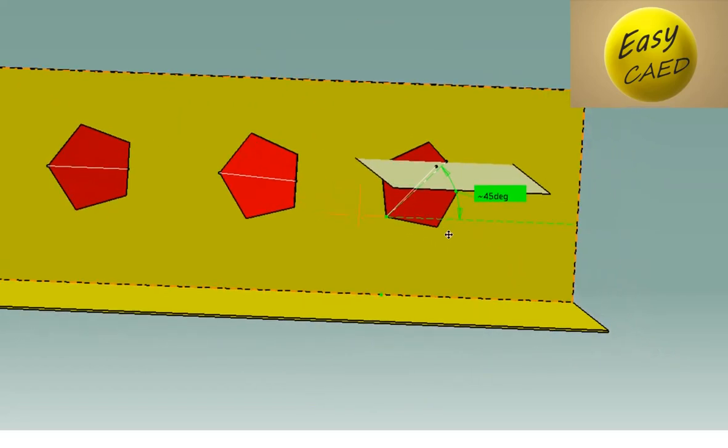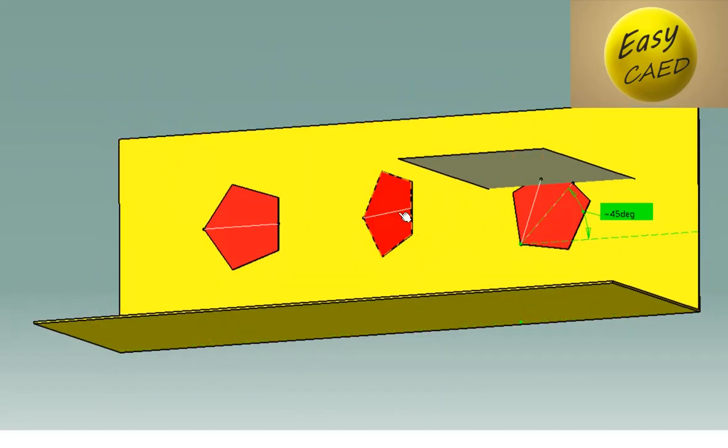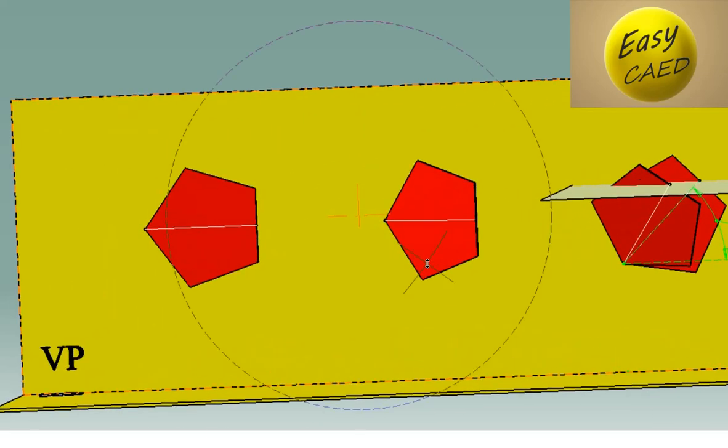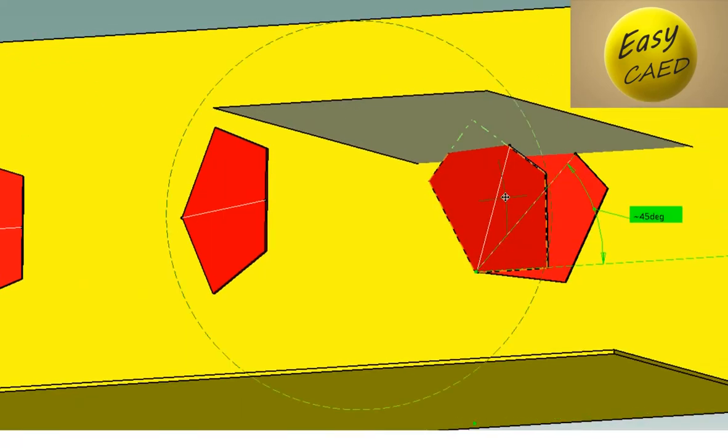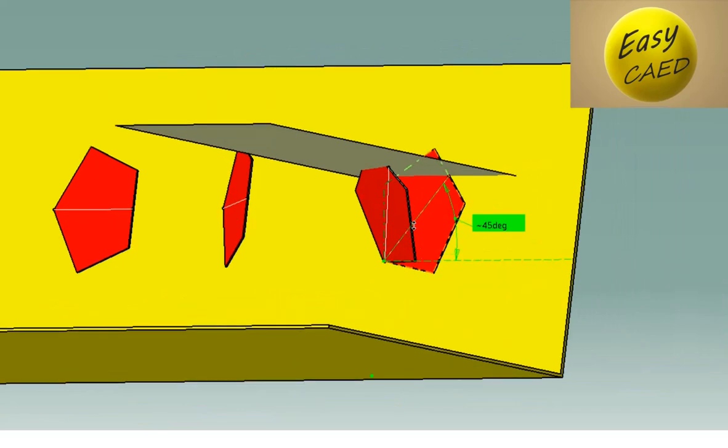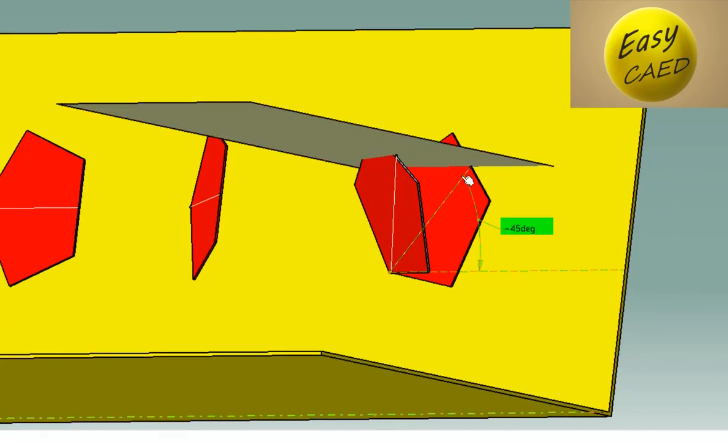The next step is I'm going to keep this pentagon on this diagonal. When I keep the pentagon on this perpendicular bisector, it will look like this. This is nothing but the true inclination with respect to HP.